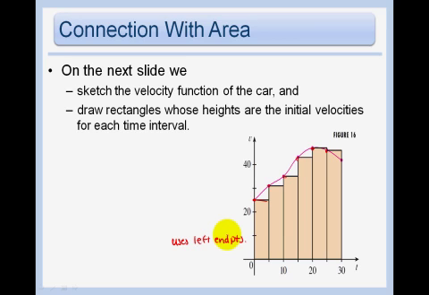And you can clearly see that we have an underestimate. If we had used right endpoints, we would have had an overestimate, right? Because if we had used the right endpoints, it would have looked like that. We would have gone over.